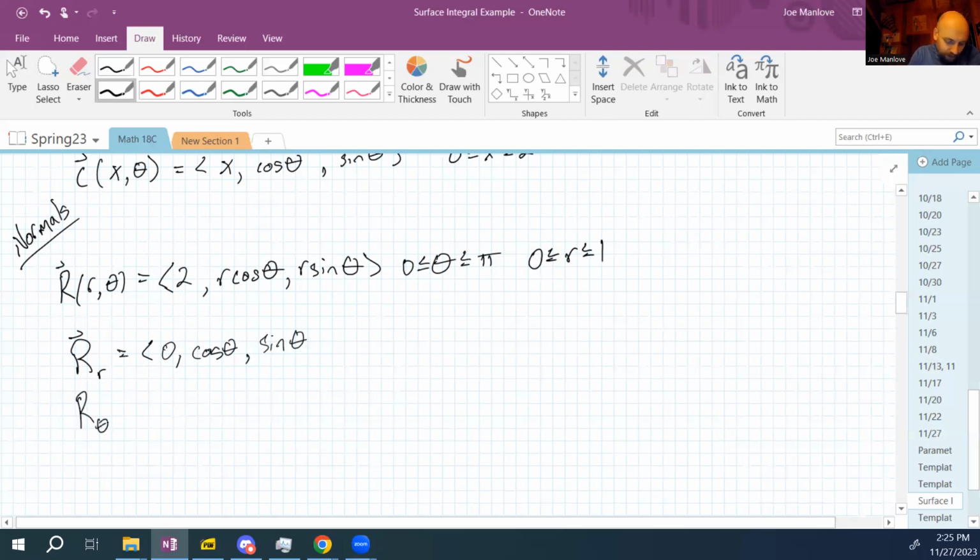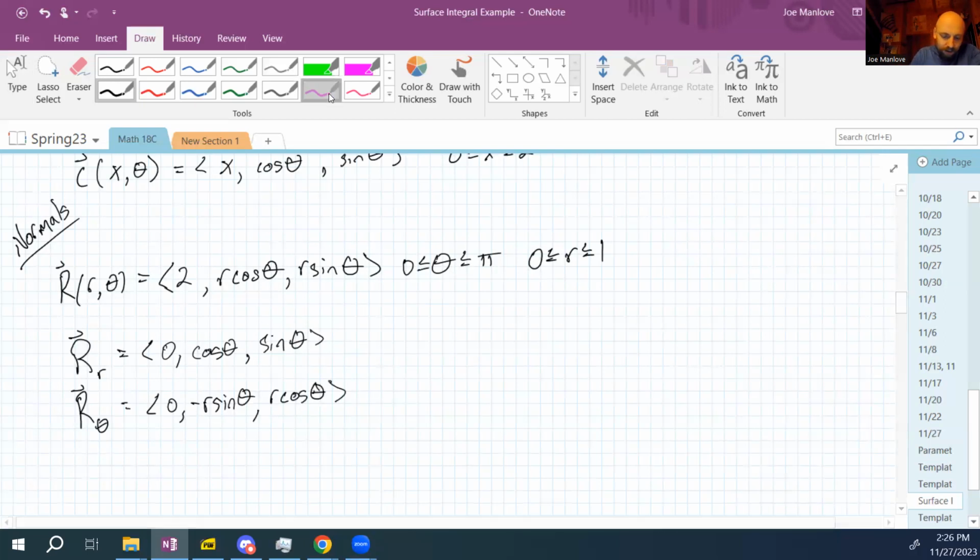And R theta is going to be, again, a 0. That's nice. And then R cosine's derivative is going to be minus R sine theta, and R sine's derivative is going to be R cosine theta.